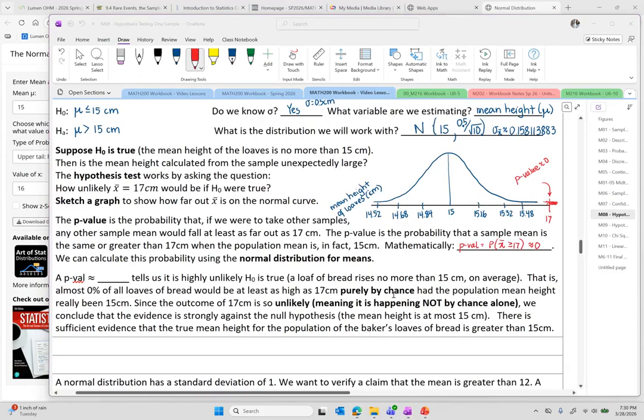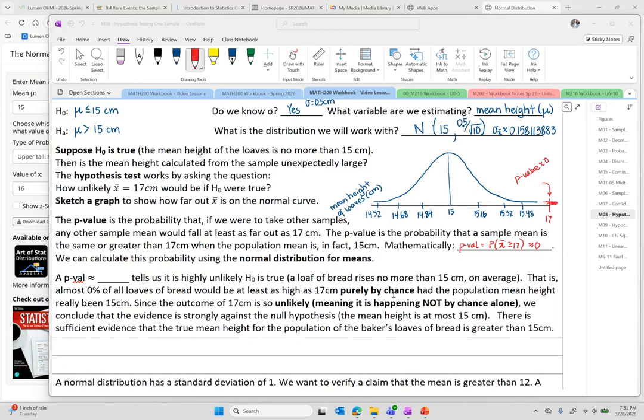So mathematically, the p-value that we are calculating is the probability of x bar being greater than or equal to 17, and it comes out to be approximately 0.